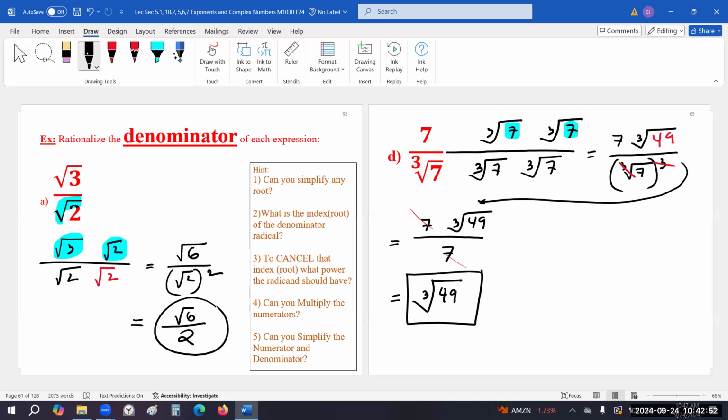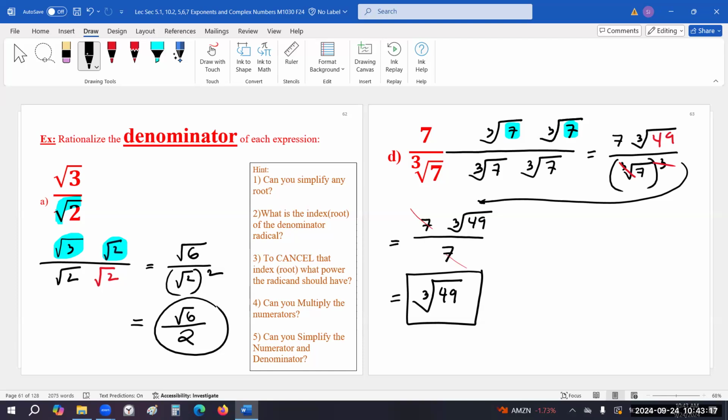So depending on what type of radical is given to us, we multiply the same thing, just 1 time less. With square root, we need to multiply only once. Cube root, we need to multiply twice. If you're given 4th root, how many more times do you need to multiply? 3.